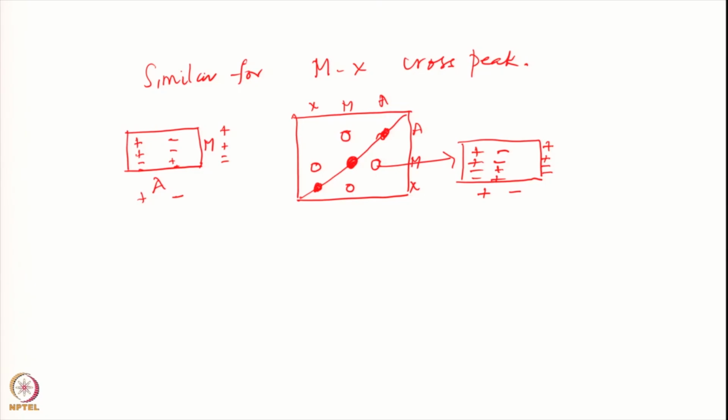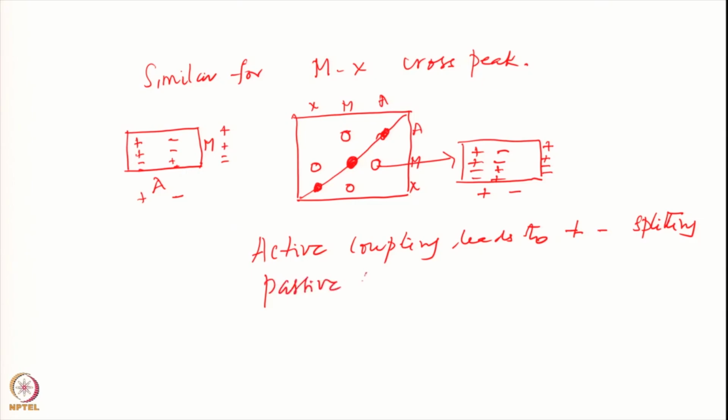So the point to remember is that an active coupling leads to plus minus splitting, a passive coupling leads to plus plus splitting, okay.